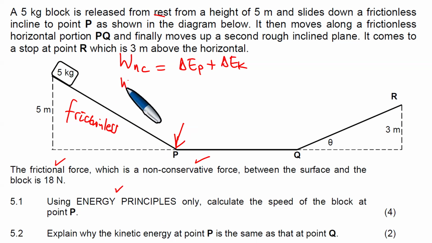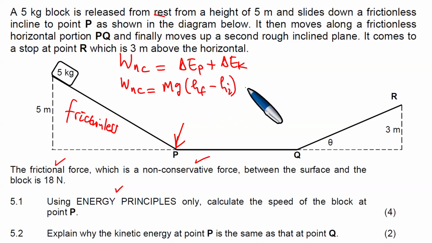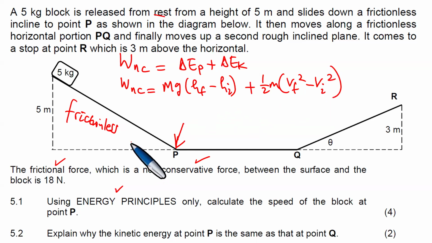So you have the work done by non-conservative forces. As this moves here, you have the change in potential energy, which is mg(h final minus h initial), plus half the mass times (v final squared minus v initial squared).